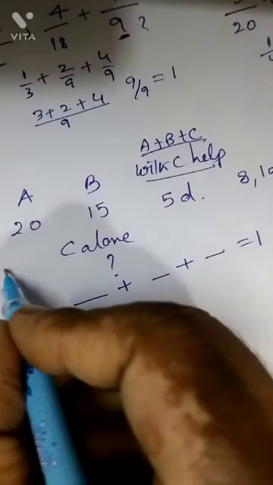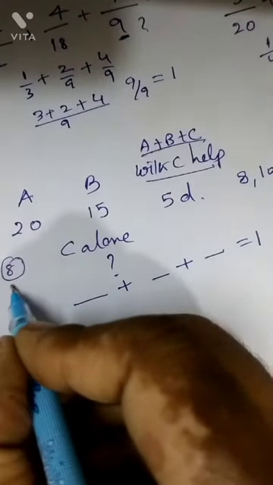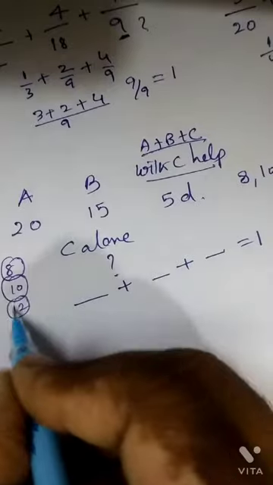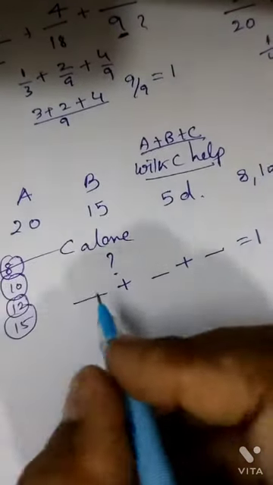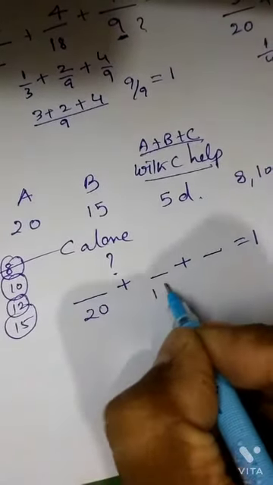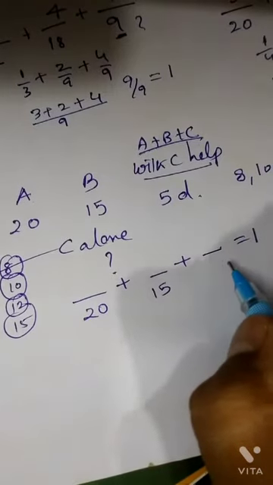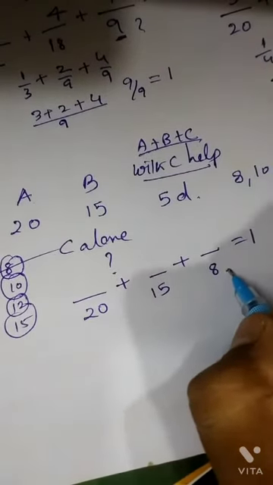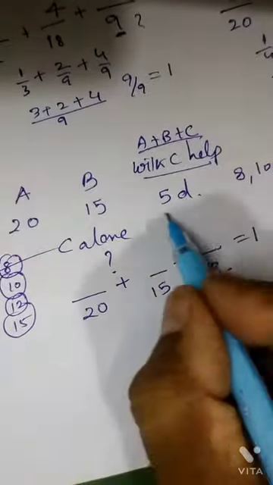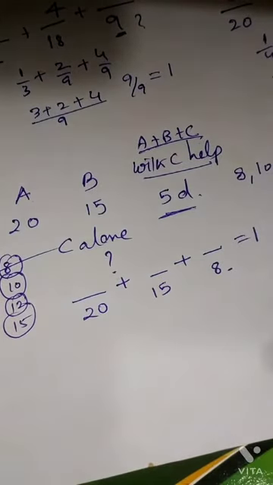Let us see option 1, 8. A can do work in 20 days, B can do it in 15 days. C alone, let it do the work in option number 1, 8 days. With the help of C, A plus B and C, all 3 together have done the work in 5 days.